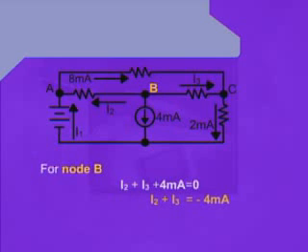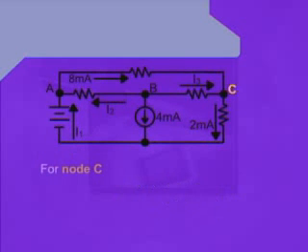Rearranging it, we can write the equation in terms of I2 and I3 as I2 plus I3 is equal to minus 4 milliamperes.